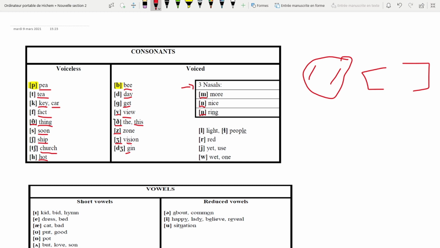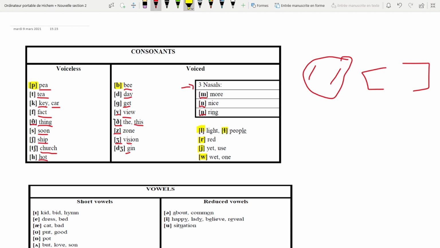Then we have L and R and Y and W. L, such as light, R, such as red, Y, such as yet or use, and W, such as wet or one. Then we have this one here.